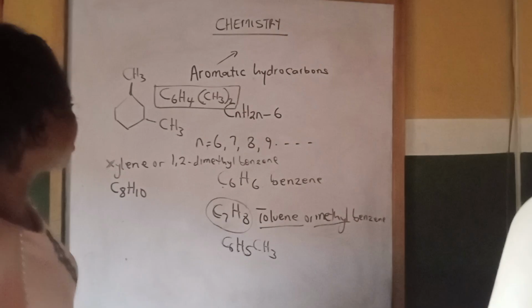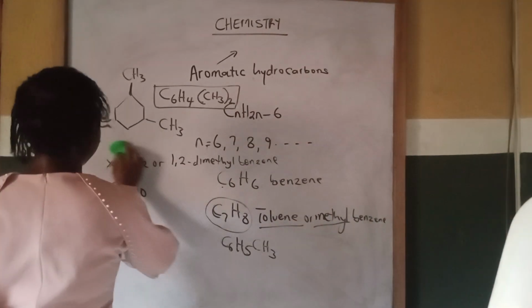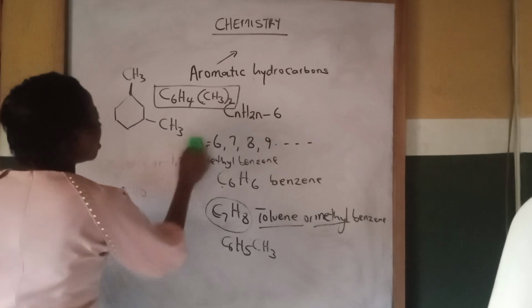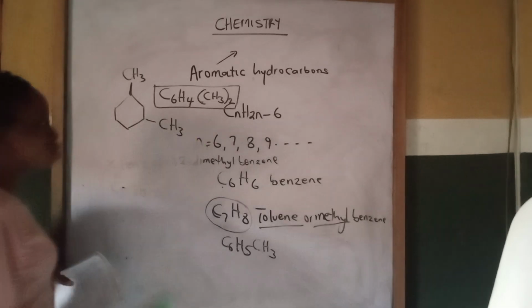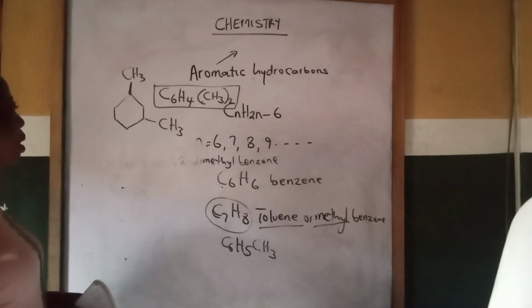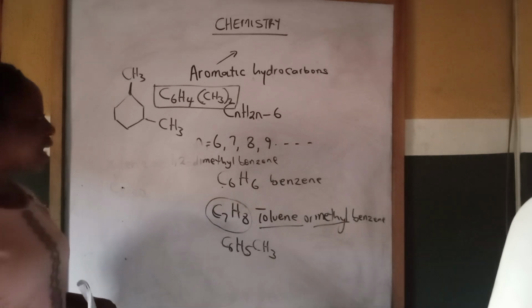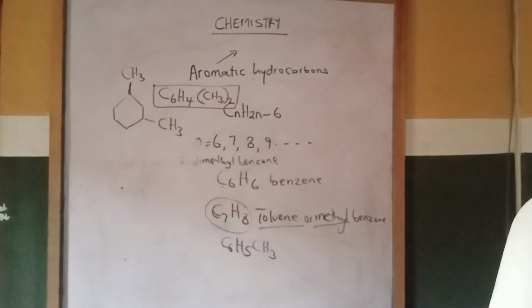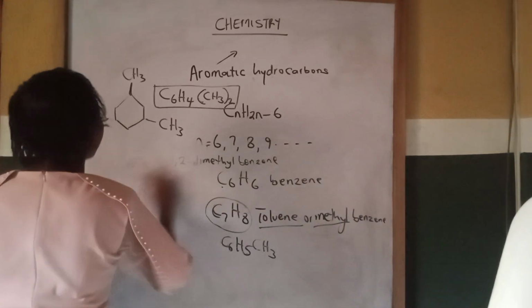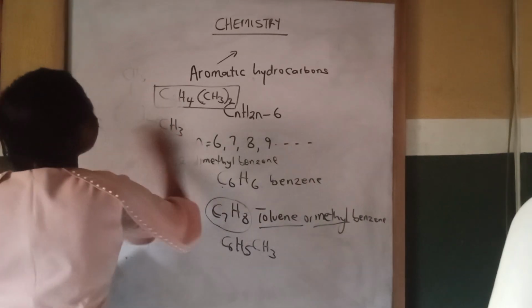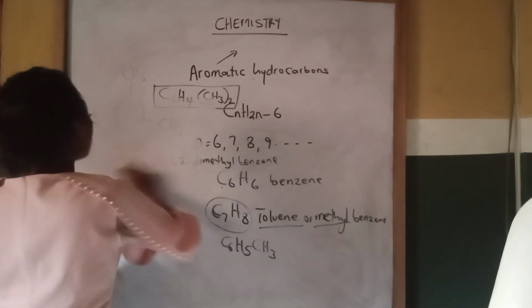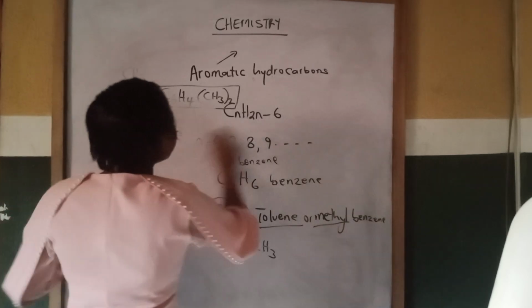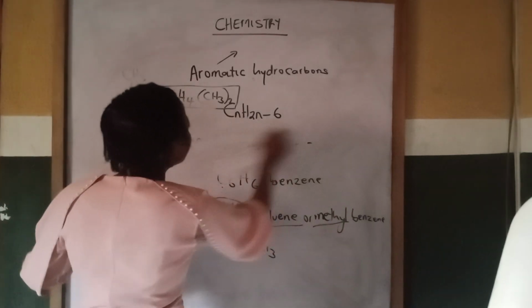So we also have other compounds of hydrocarbon, that is the derivatives of aromatic hydrocarbon, apart from toluene, apart from xylene, and apart from benzene itself. We also have other compounds that we can derive from the benzene structure, from the molecular formula of benzene. So another one is benzoic.